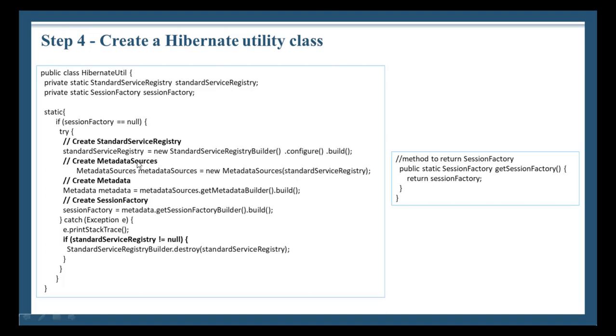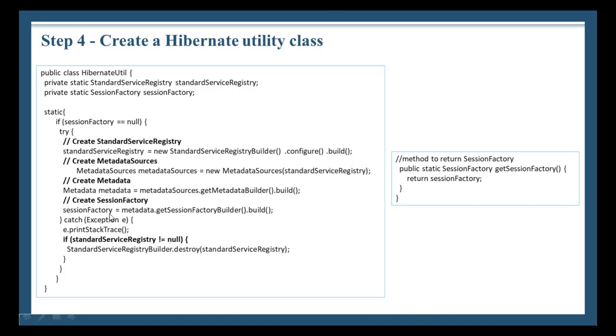Once we have the instance of StandardServiceRegistry, then we can pass this as a parameter to the MetadataSources, which will return the instance of MetadataSources, and this MetadataSources can be used to obtain the instance of Metadata by invoking the build method on getMetadataBuilder, and this Metadata instance is then used to obtain the SessionFactory instance.